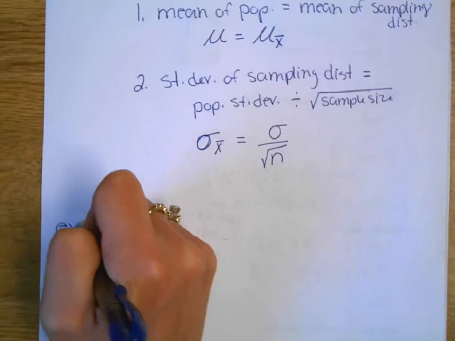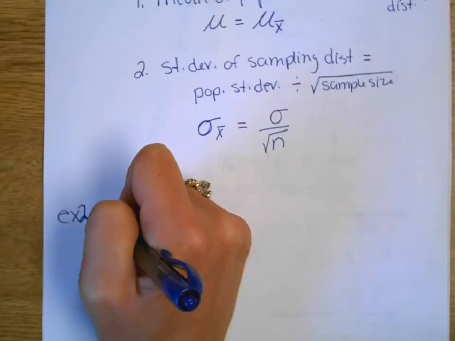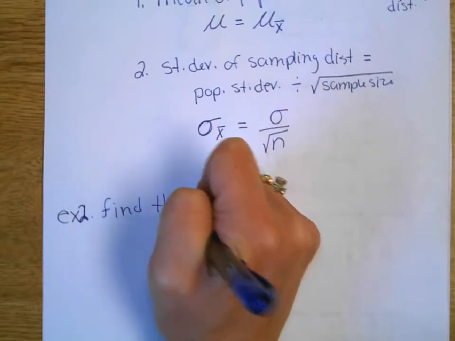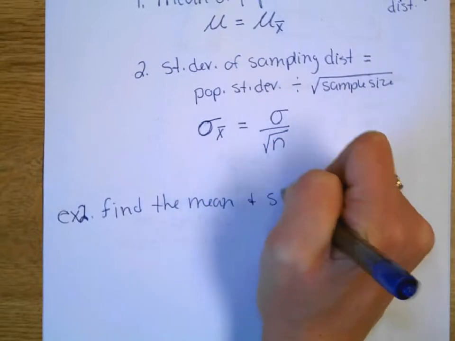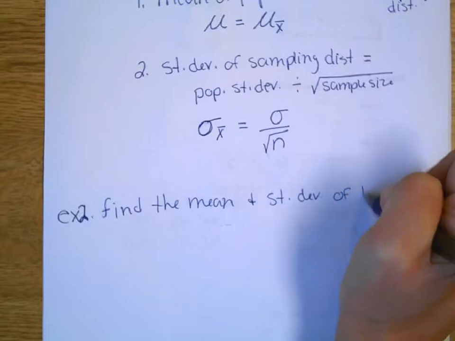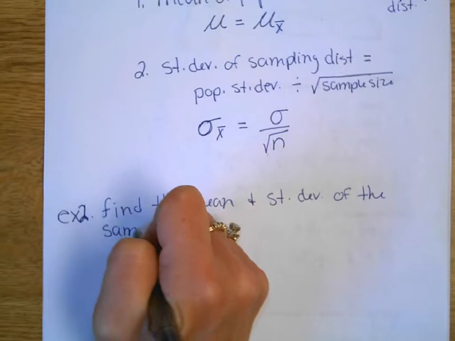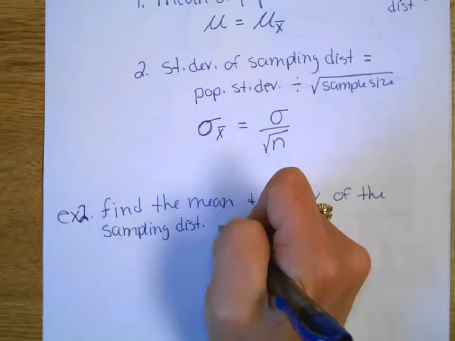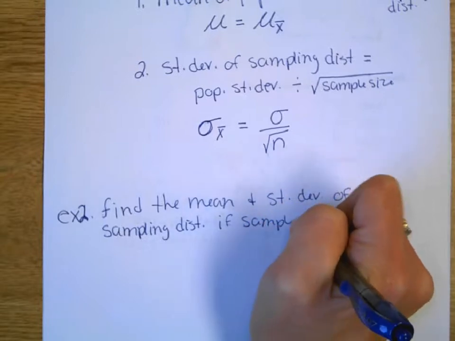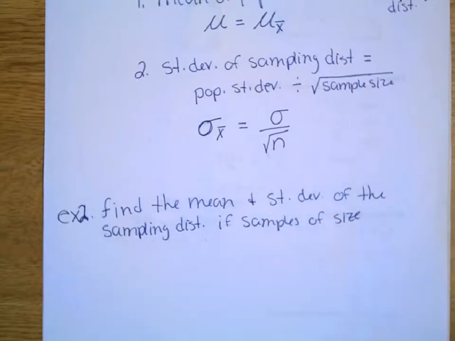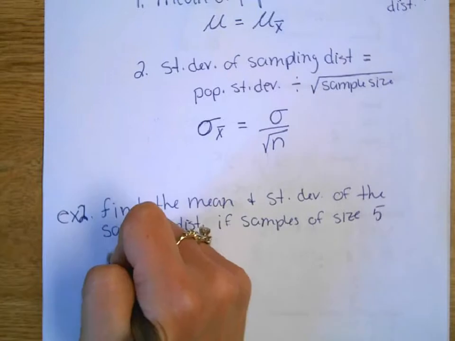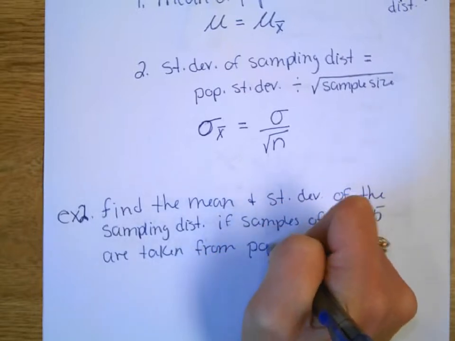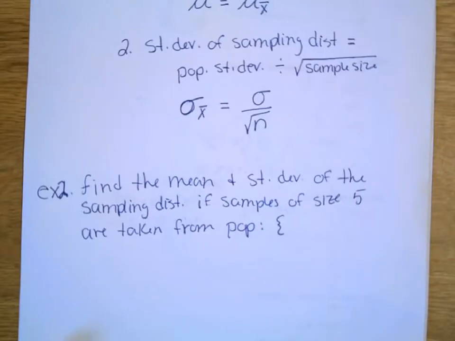All right, so this next example, I want you to find the mean and standard deviation of the sampling distribution if samples of size 5 are taken from the population.